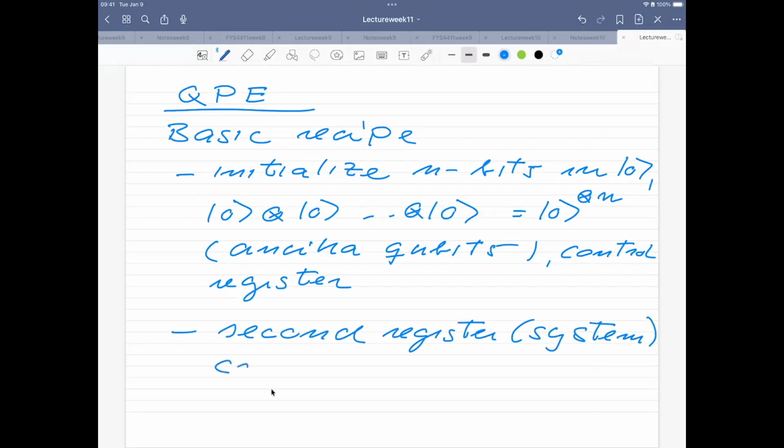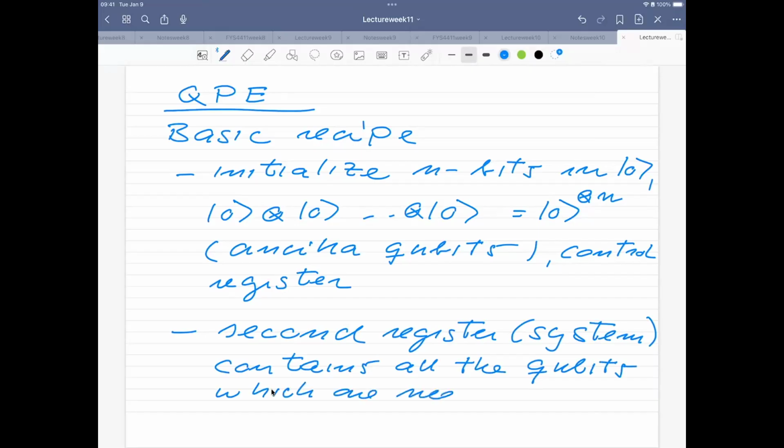That contains all the qubits which are needed to define the state psi.